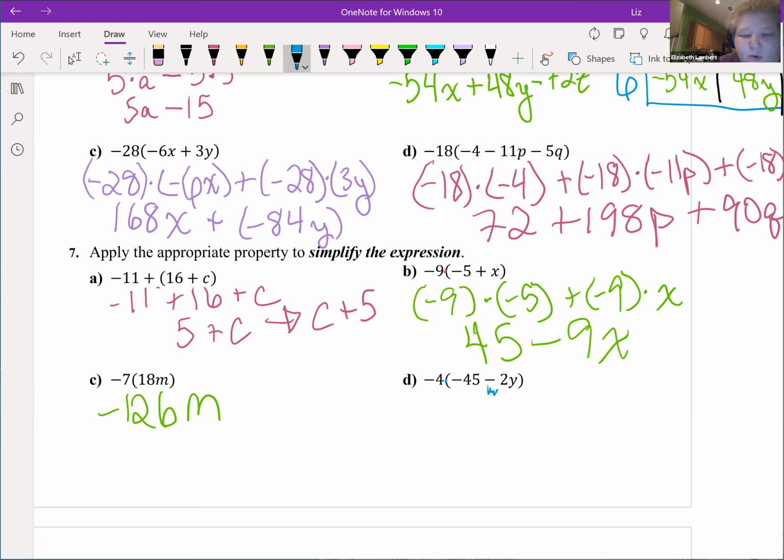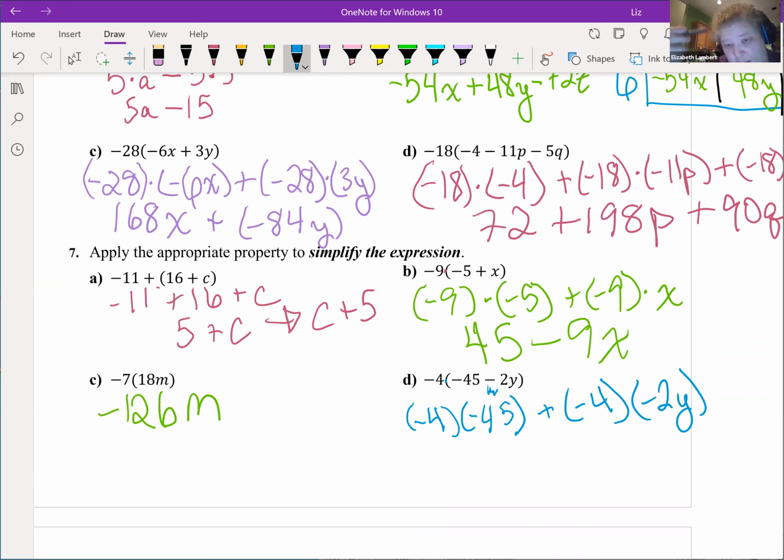All right, so we're going to have -4 times -45, and then plus -4 times -2y. So I automatically, instead of subtraction, see plus negative. So that thing that I'm multiplying to is -2y.